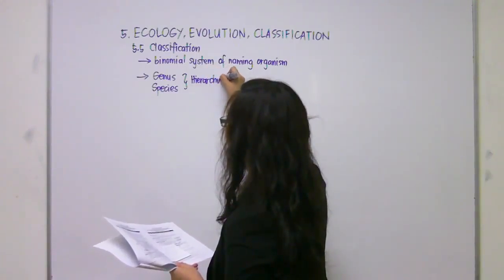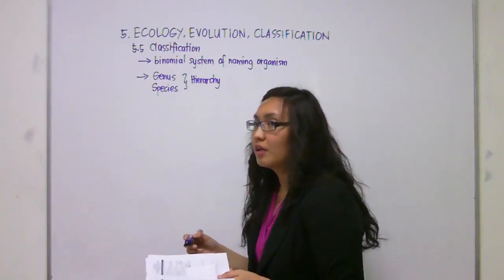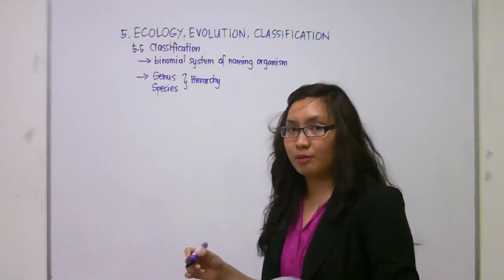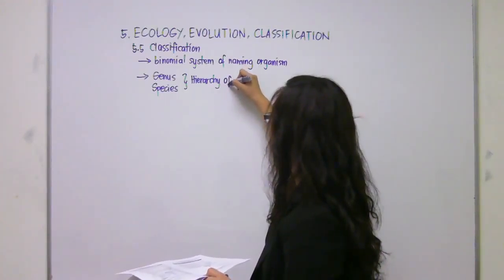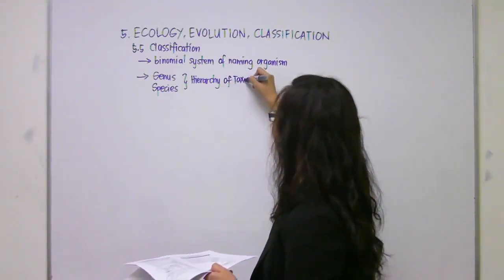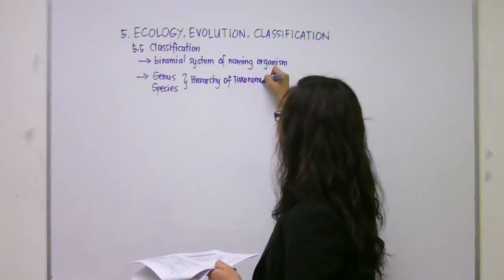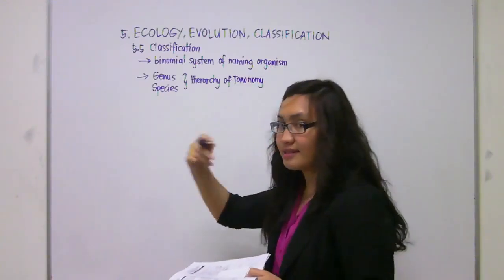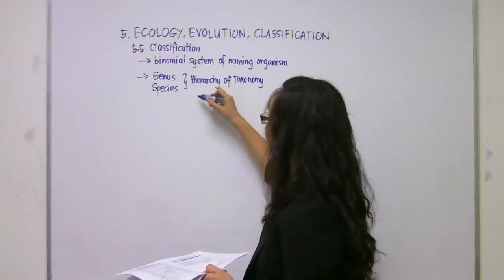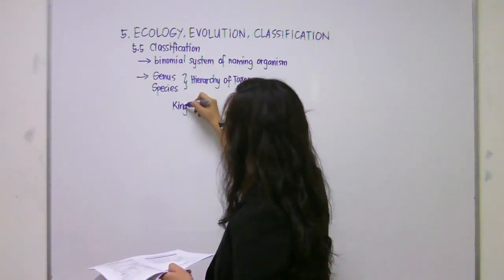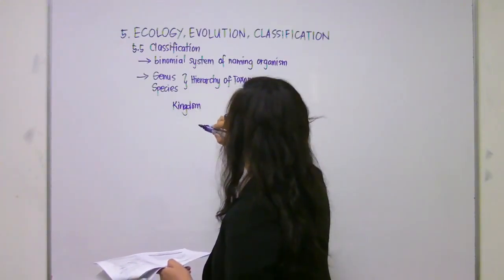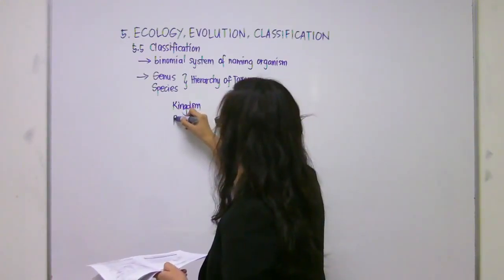For example, in the case of humans, humans are under the kingdom. The hierarchy of taxonomy is made up of several levels, although it's not really required for both SL and HL students.